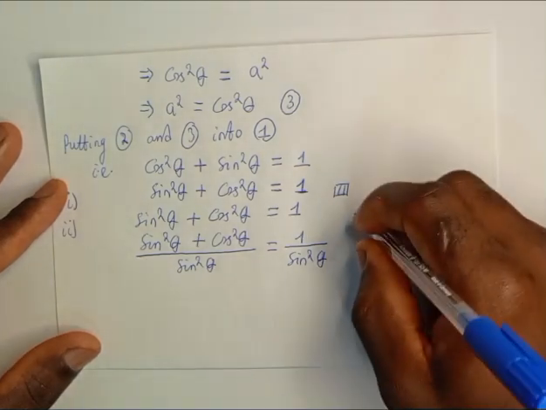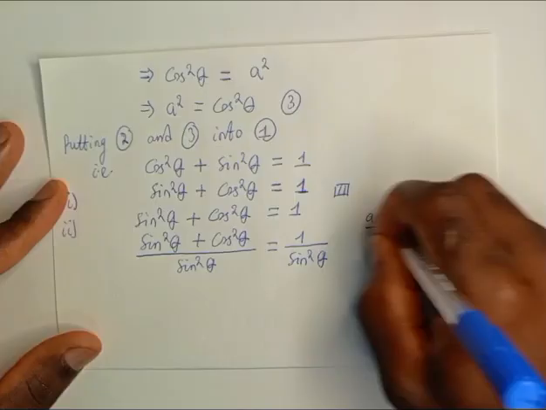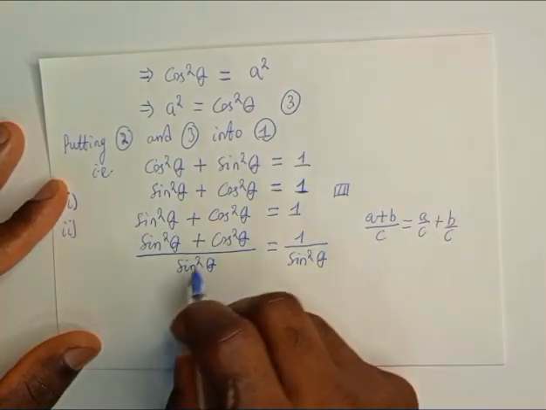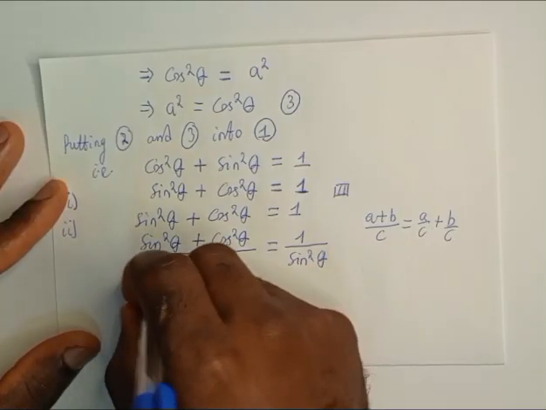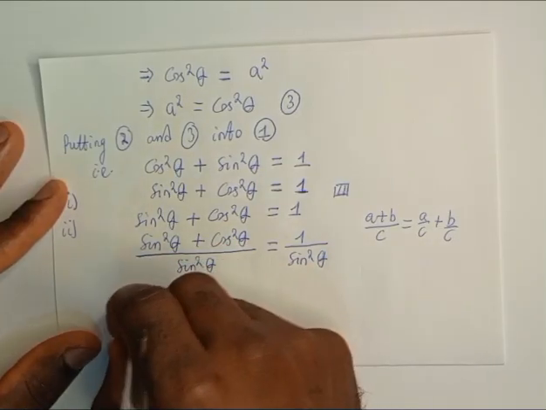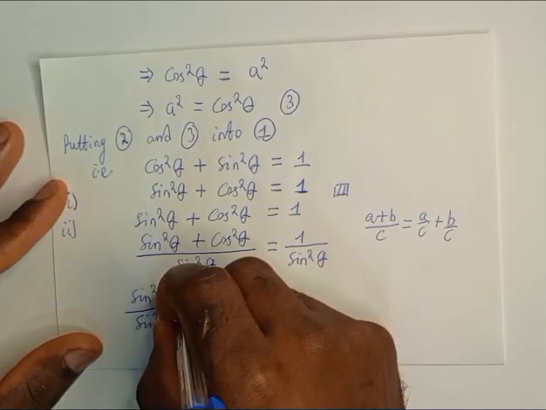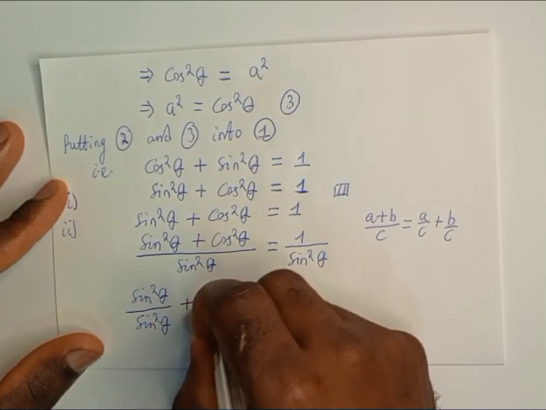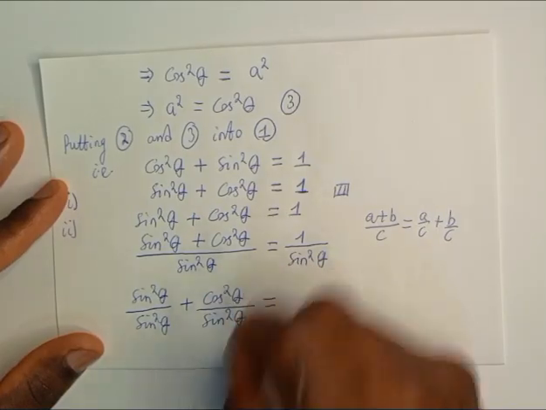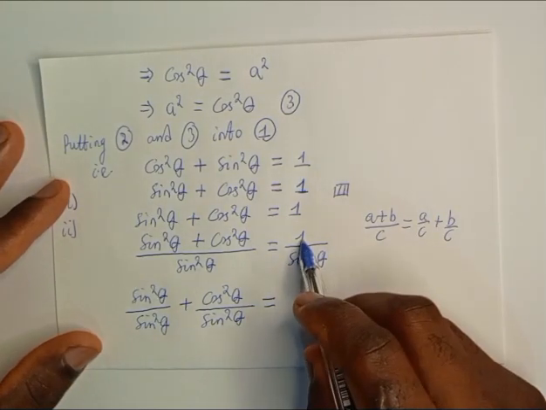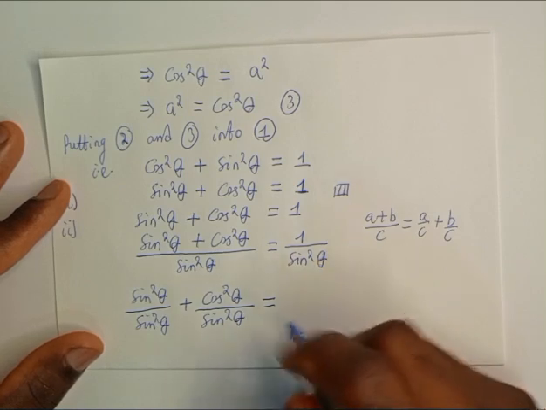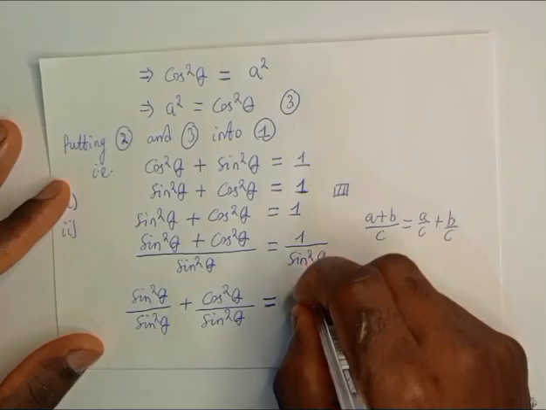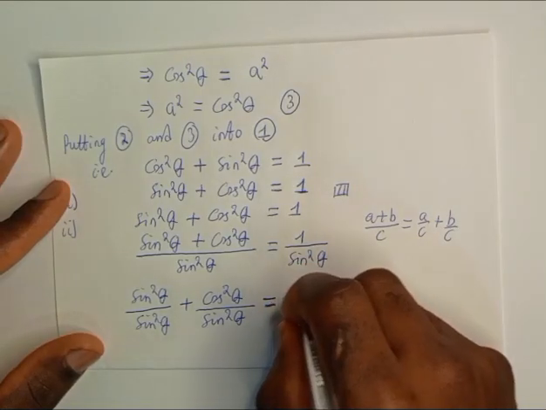The left hand side, we are going to make use of this: a plus b on c is the same as a over c plus b over c. We are going to break this. This will give us sin²θ on sin²θ plus cos²θ on sin²θ is equal to 1 all over sin²θ. Remember, we can express 1 as 1 squared.